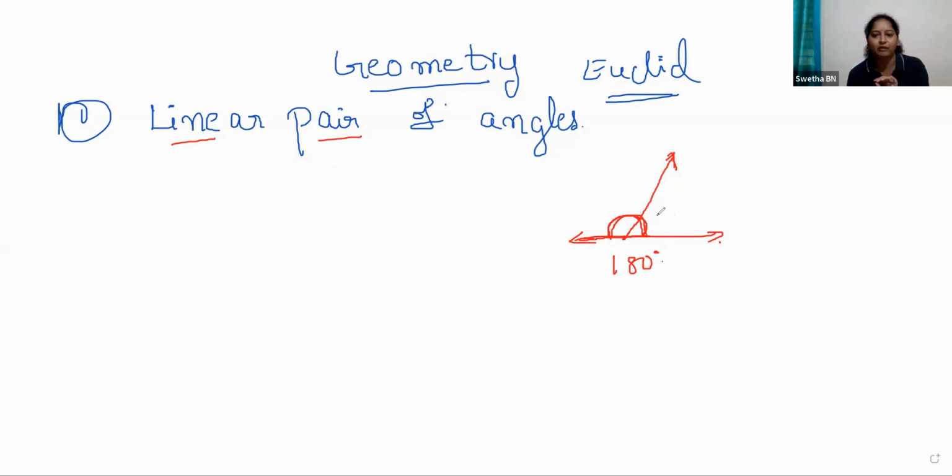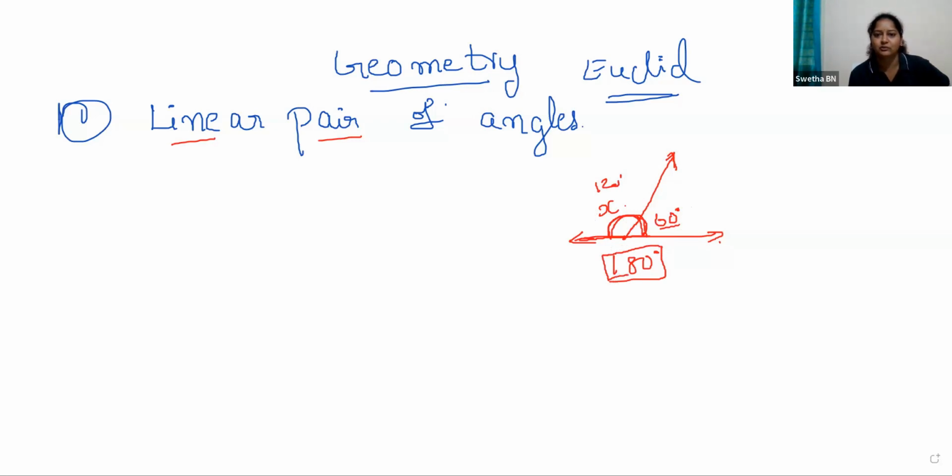If one angle is 60 degree, what is the measure of another angle? 120, very good, because total should be 180 degree.